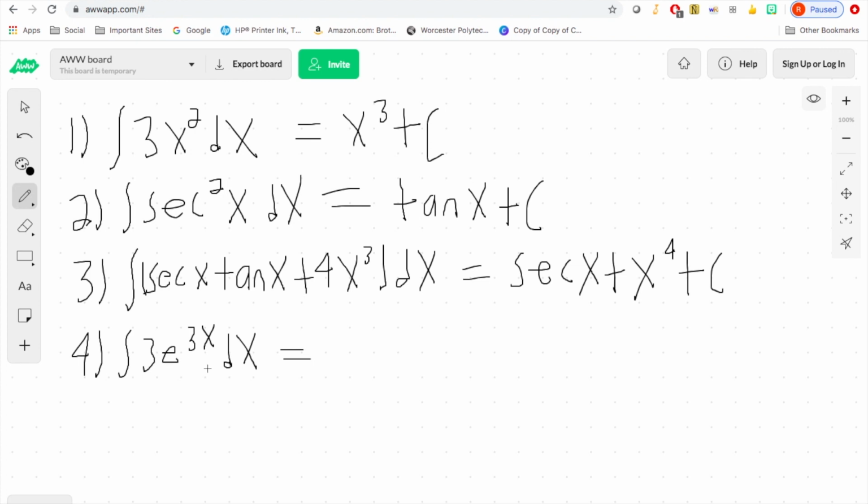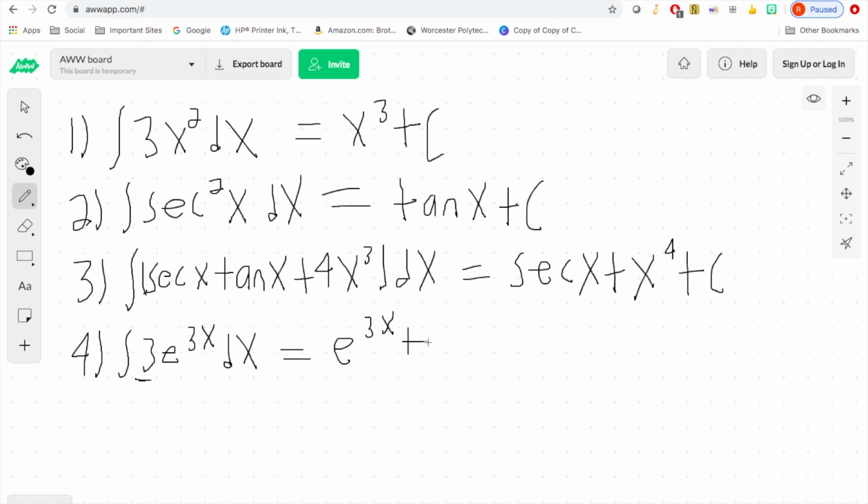So how would we end up with a 3 out here? Well, we'd need to multiply by 3. In other words, the derivative of the exponent would have to be 3, and you'll notice that 3x has a derivative of 3. So this is actually just going to be e to the 3x plus c.